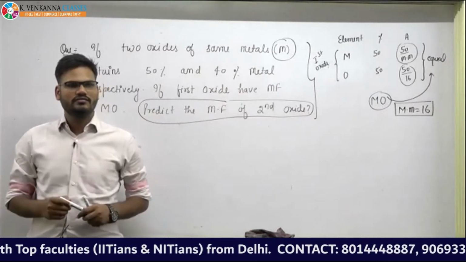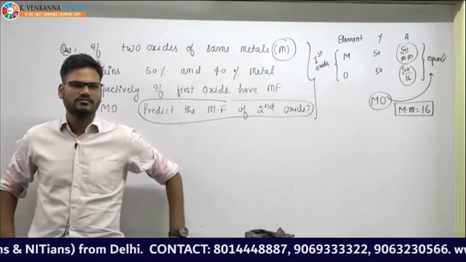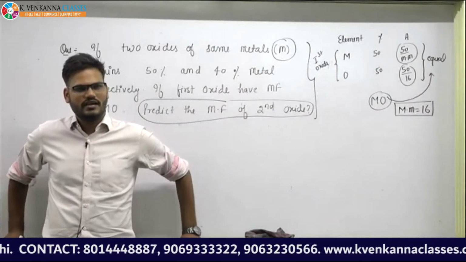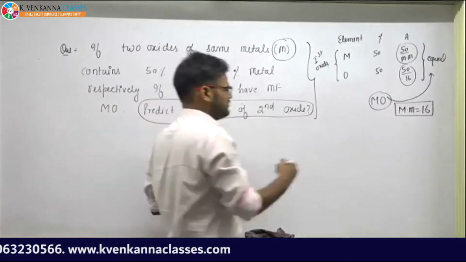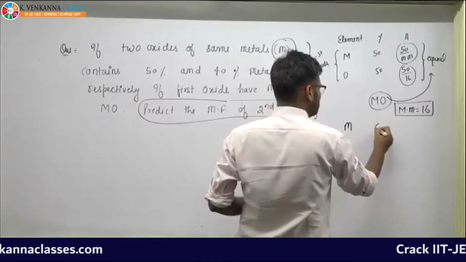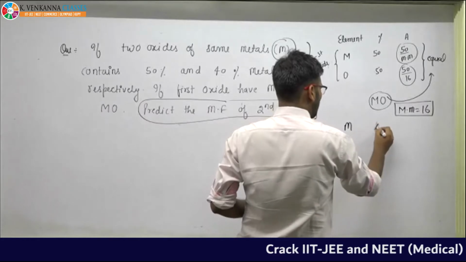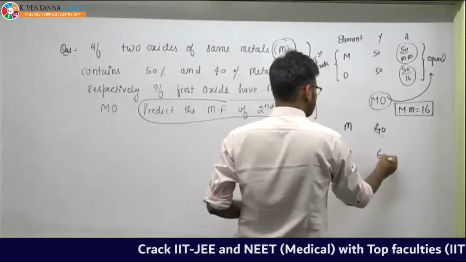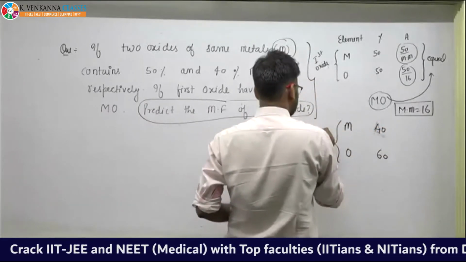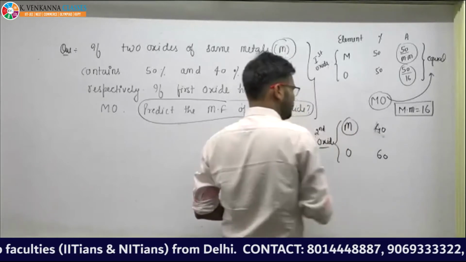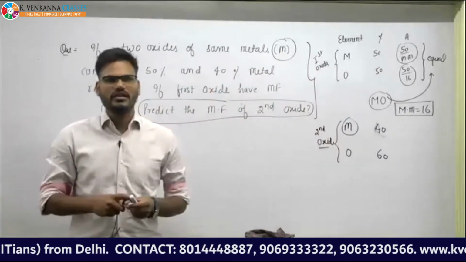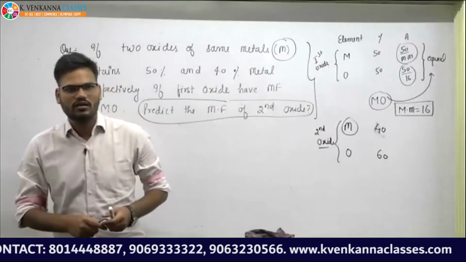Now you have to solve the formula, beta. It is good that you were able to extract the information from the question. It says this is 40, then automatically oxygen will become 60. This is the second oxide of the same metal. Now I want the answer, the formula.